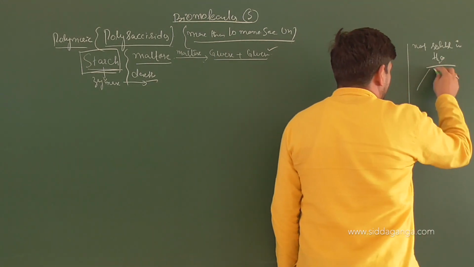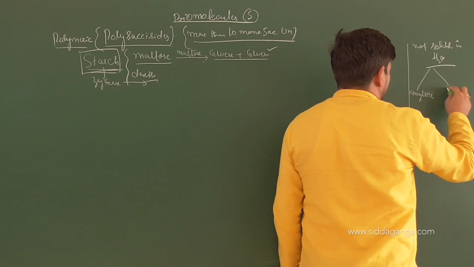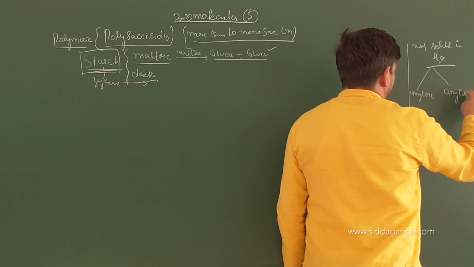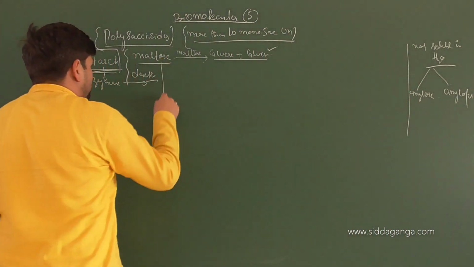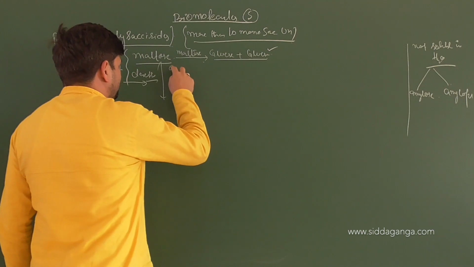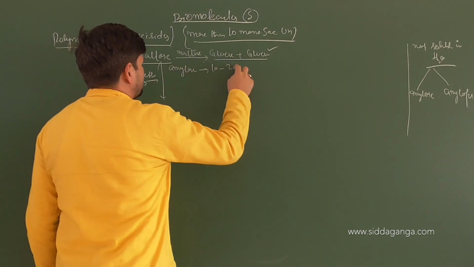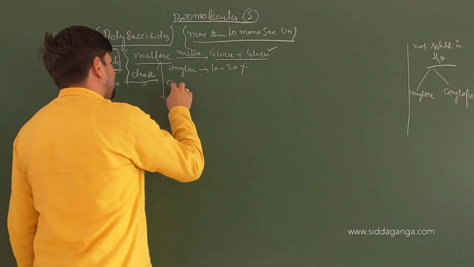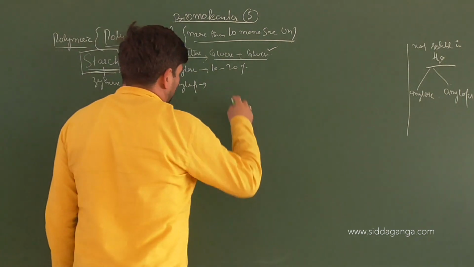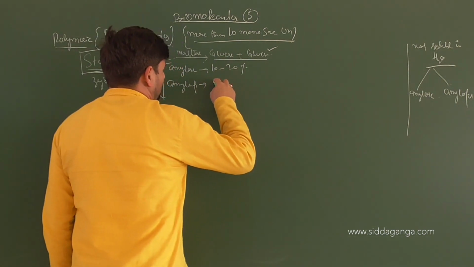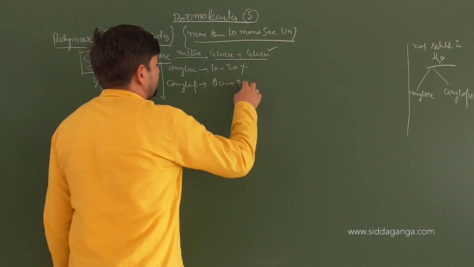It is technically made up of 2 parts: one is called amylose and one is called amylopectin. Amylose is near about 10 to 20%, and amylopectin is near about 80 to 90% respectively.